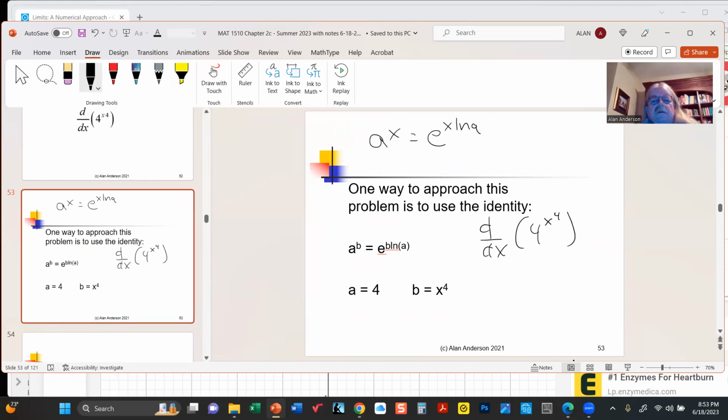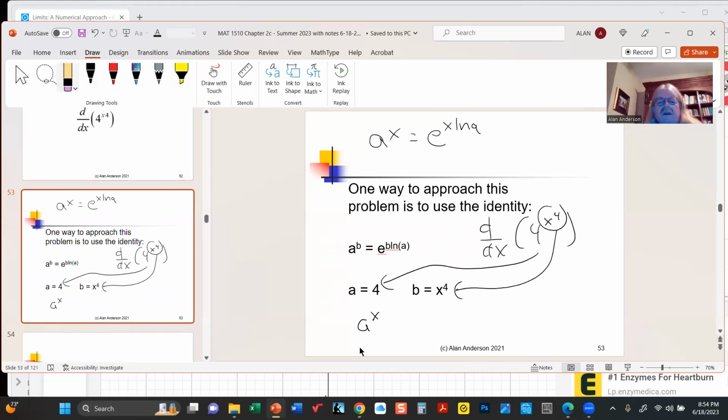So a of course is 4, b is this exponent, and that means that 4 to the x to the 4 must be e to the x to the 4th log 4.